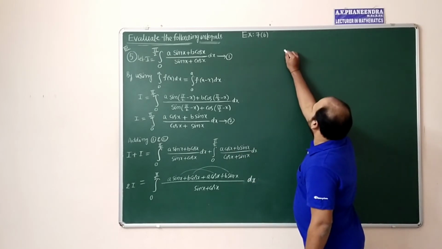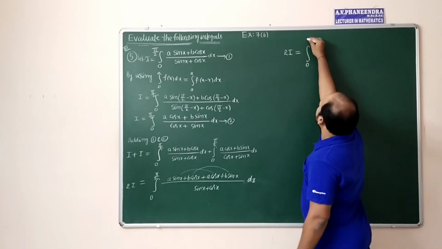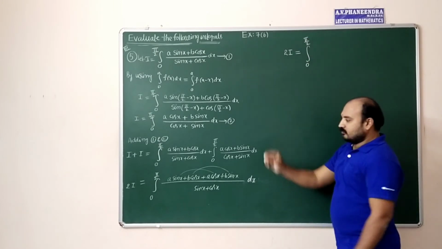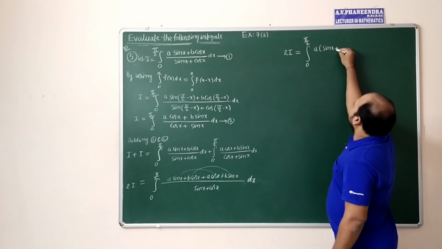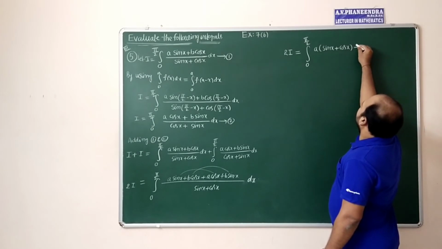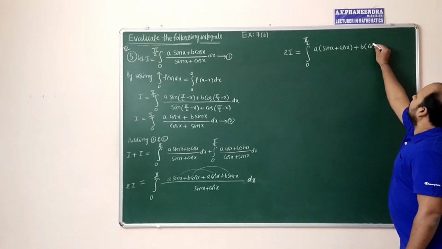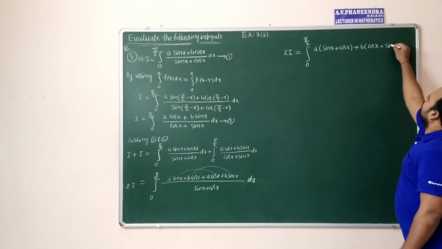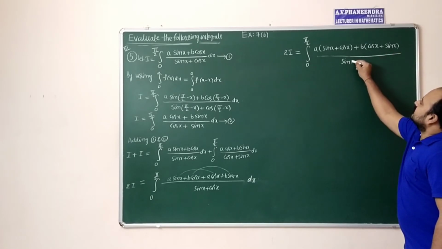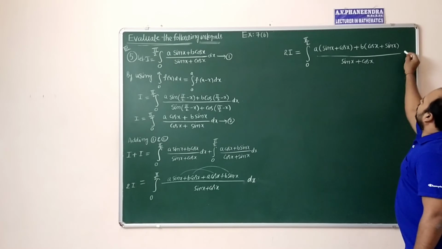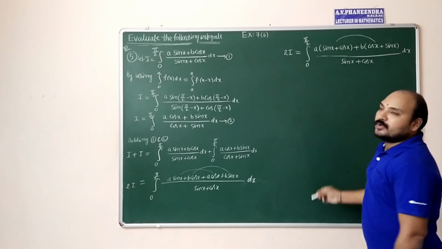So 2I equal to integral 0 to pi by 2, a into sin x plus cos x plus b into cos x plus sin x, anyway both are same, whole divided by sin x plus cos x into dx.